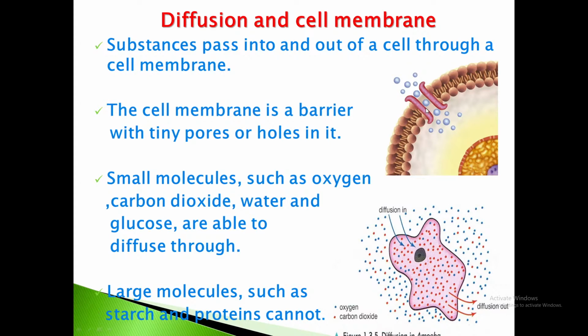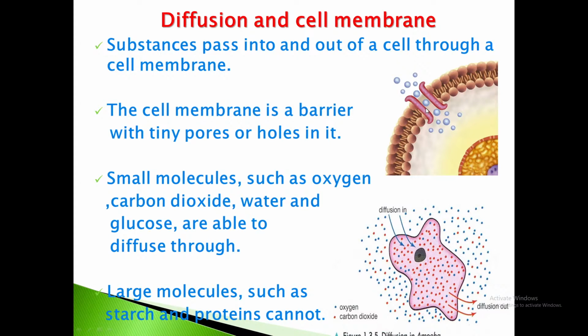Irrespective of which direction they are going, it is the cell membrane that will allow their movement, whether in or out of the cell. So the first point says that substances pass into and out of a cell through the cell membrane. The cell membrane is the gateway if something is going to enter or leave the cell. Now they continue by saying that the cell membrane is a barrier with tiny pores or holes in it.